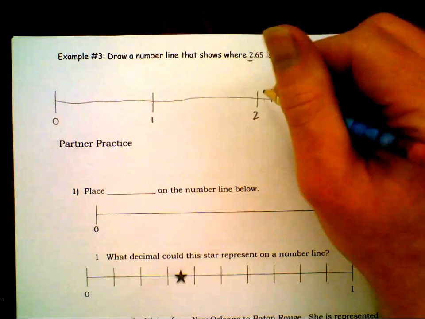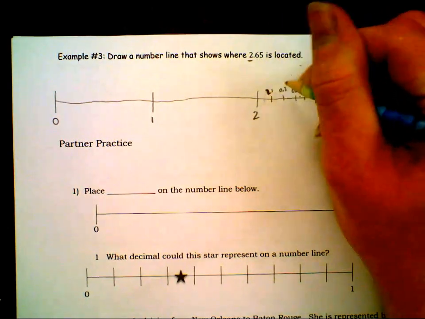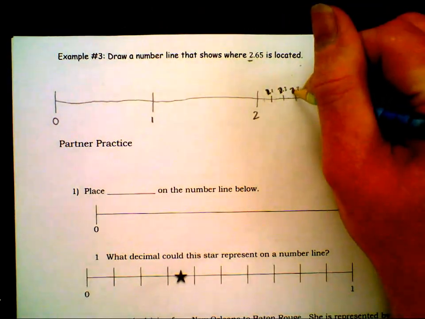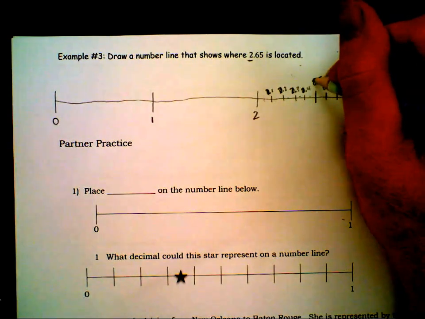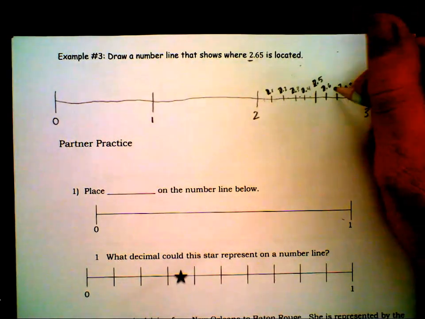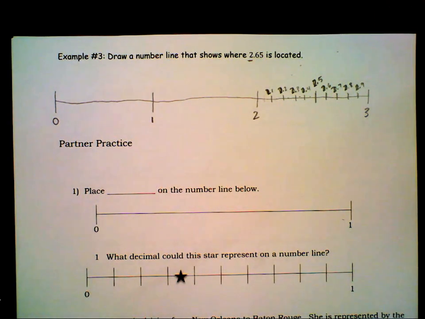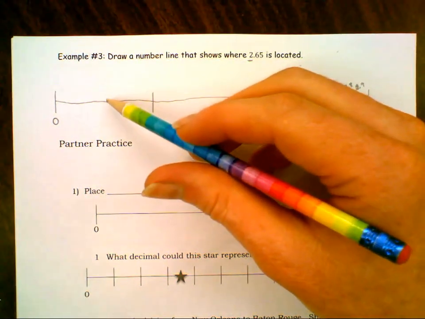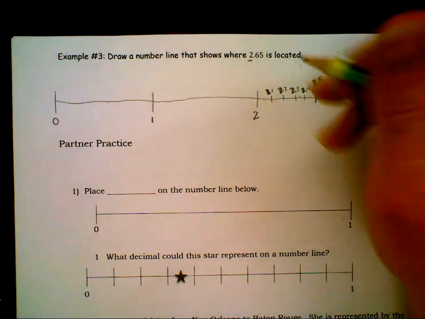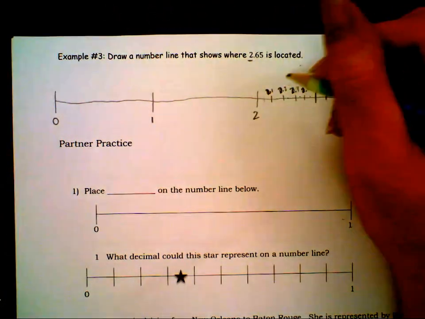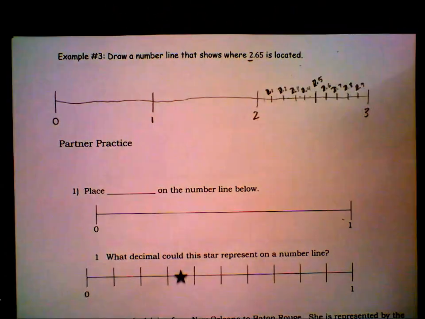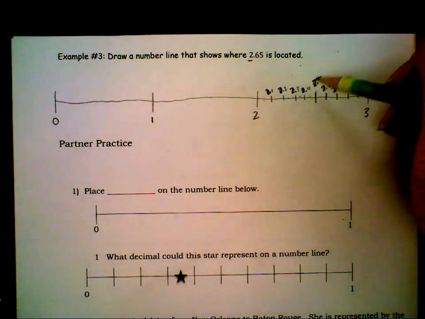These are all 2 and 2 tenths, 2 and 3 tenths, 2 and 4 tenths, 2 and 5 tenths, 2 and 6 tenths, 2 and 7 tenths, 2 and 8 tenths, and 2 and 9 tenths. Had I written those down here, then that would have been fine. But I need to include the whole number. 2 and 1 tenth, 2 and 2 tenths, 3 tenths, 4 tenths, 5 tenths, and so on.